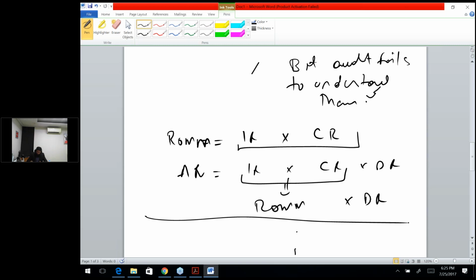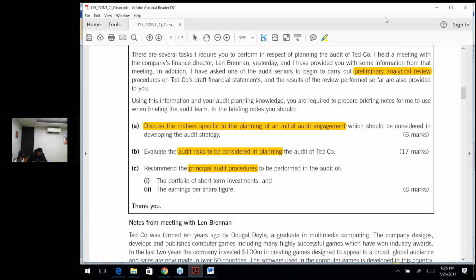So now let's come on to this question, which is question number one of June 2015. The question's requirement says discuss the matters specific to the planning of initial audit engagement which should be considered in developing the audit strategy.